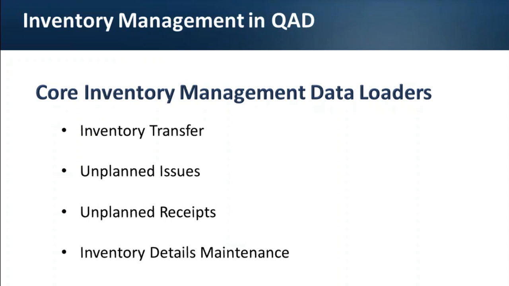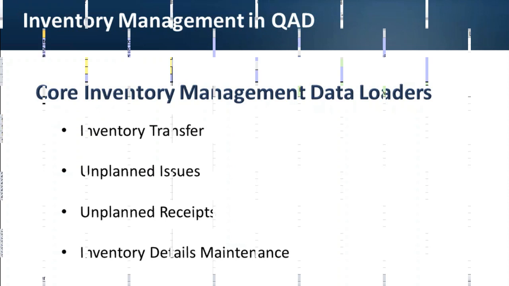But when it comes to processing large amounts of inventory on a daily basis, you might find yourself looking for increased efficiency of these routine but critical operations. 32Soft data loaders, with their simple and familiar interface, robust and reliable performance might be a solution you are looking for. Let's see how these solutions work.